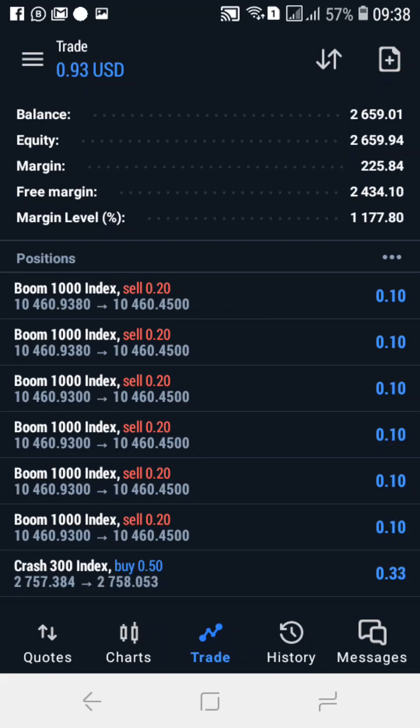Look at Crash 300, already on minimum lot size, it is covering the positions of B1K. Like 1, 2, 3, 4, 5, 6 positions of B1K are covered by one position of C300.